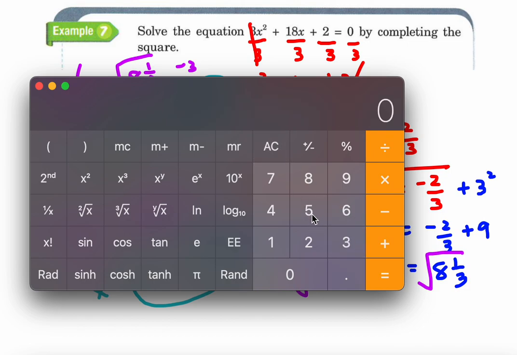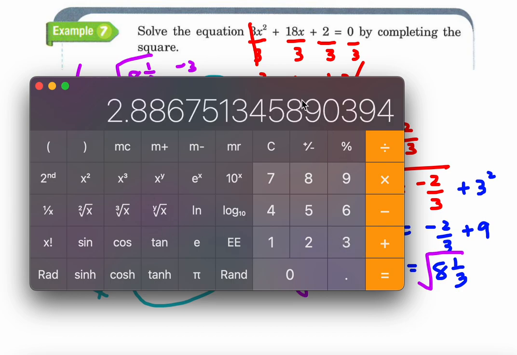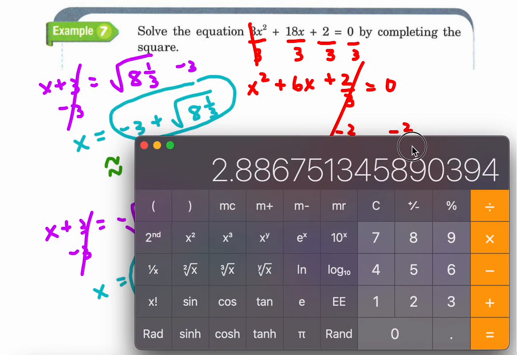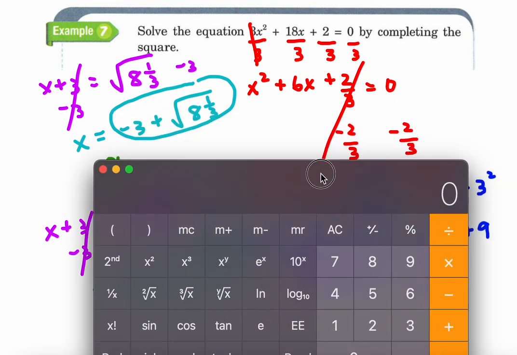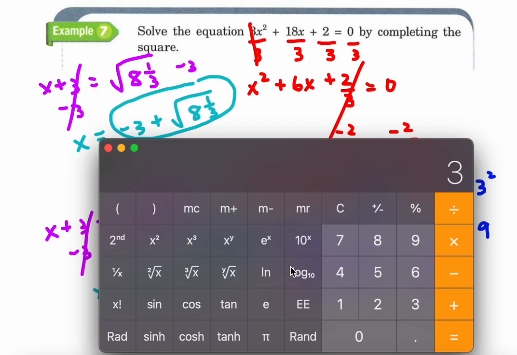We're going to square root that. So let's just approximate it to 2.9, okay? So it's negative 3 plus 2.9. It's going to be an approximation. Negative 3 plus 2.9 is negative 0.1.